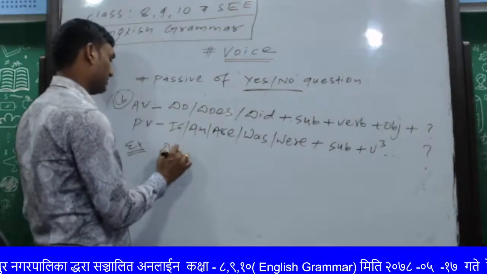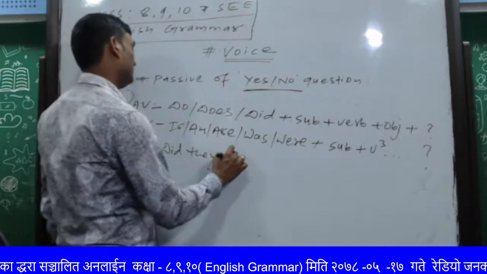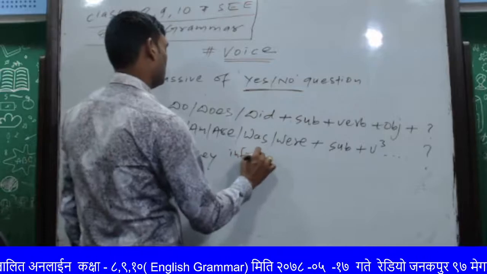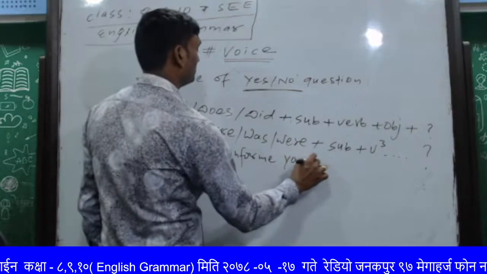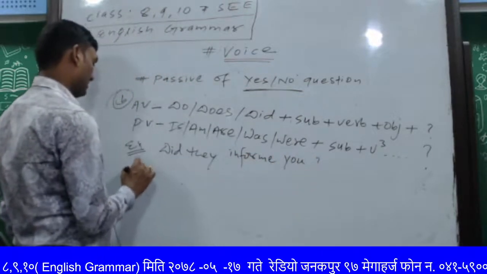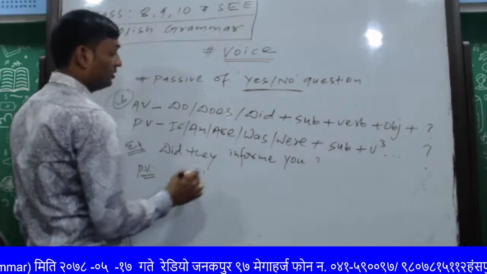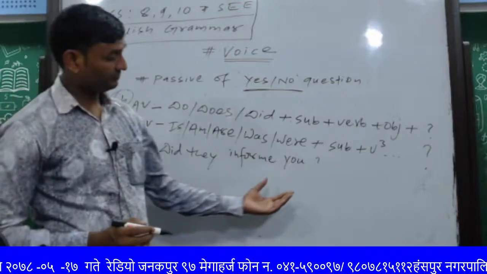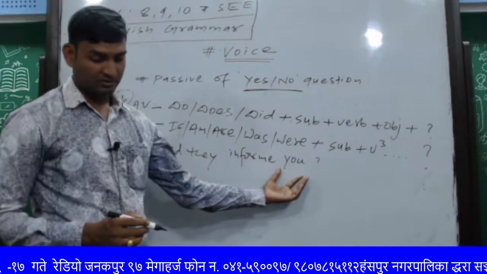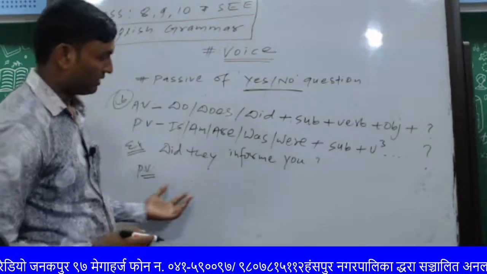So first example: did they inform you? Question mark. The passive voice of this one: you is here the object, and you take were.